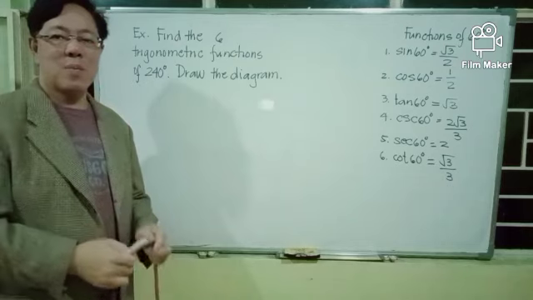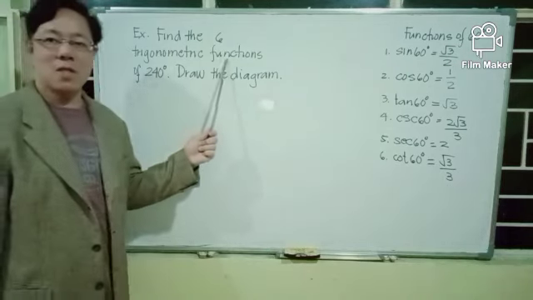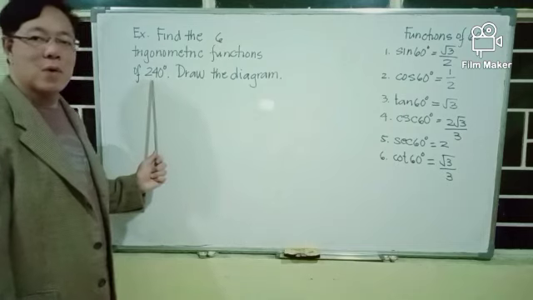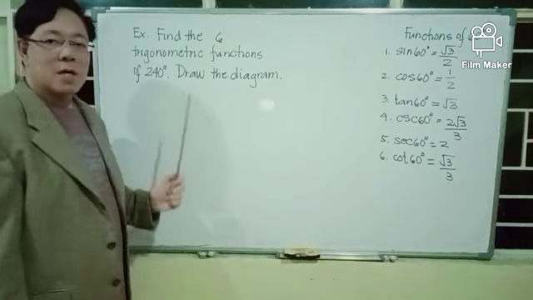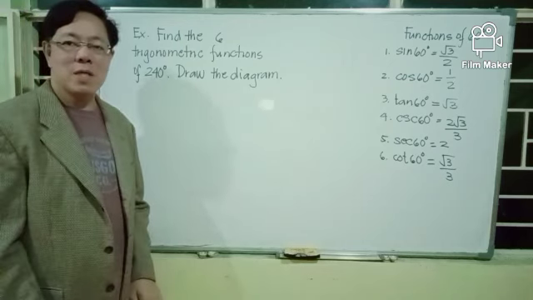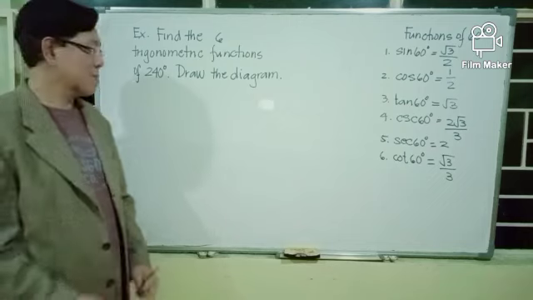Consider the following problem. Find the 6 trigonometric functions of 240 degrees. Draw the diagram. We draw the given angle 240 degrees in the Cartesian plane in standard position.